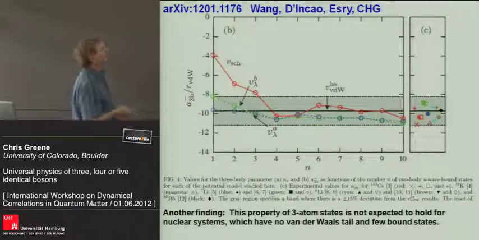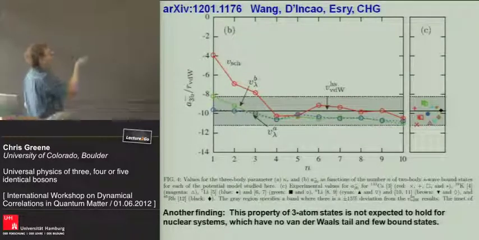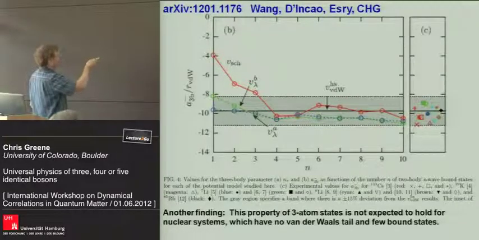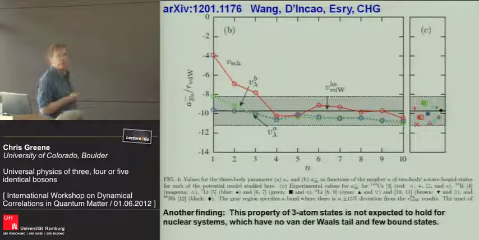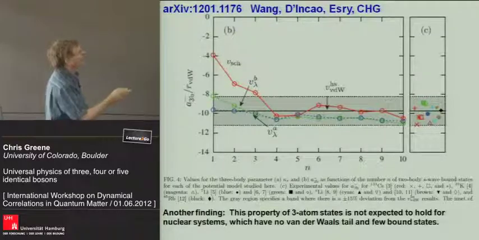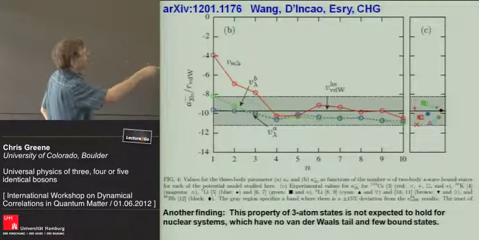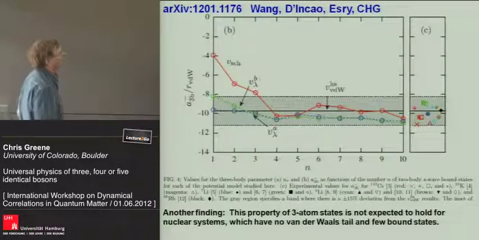The bottom line, when you calculate the three-body parameter in this form, this is the position of the first Efimov resonance, we call that A minus, divided by the van der Waals radius. You see they're all the values from many different calculations and 3 different types of potentials.